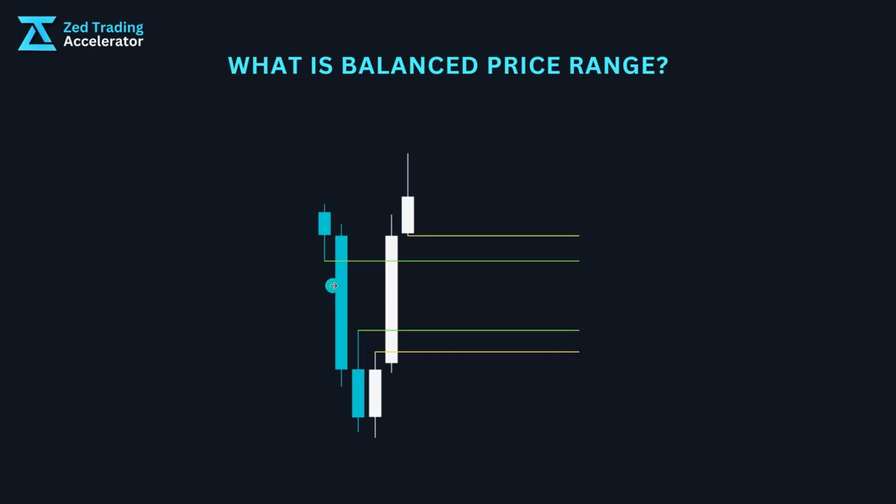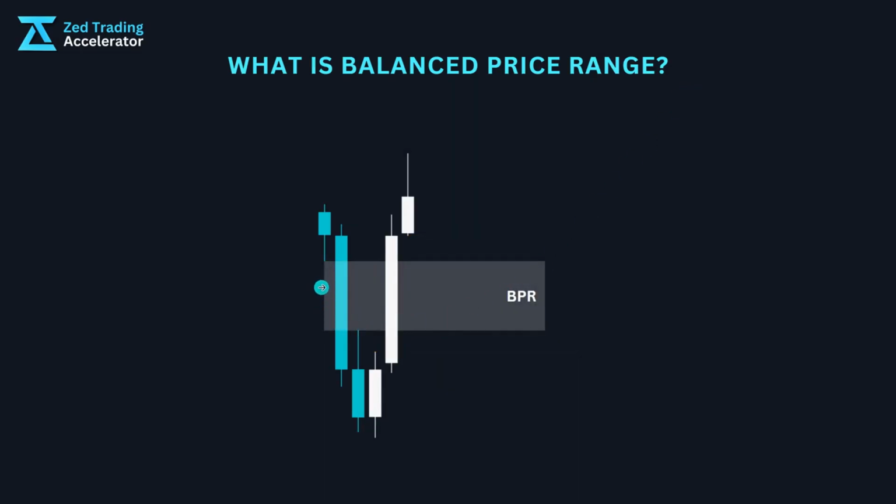And as we can see right here, we have an overlapping fair value gap. We have two fair value gaps: one right here, the yellow one, and also the second fair value gap, the green one. This area right here is what we call the balanced price range. So this is what we call the BPR, the balanced price range.